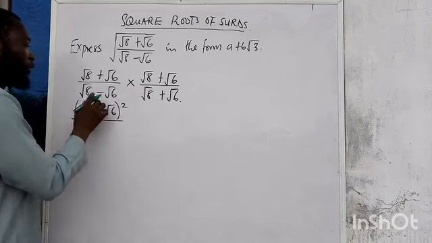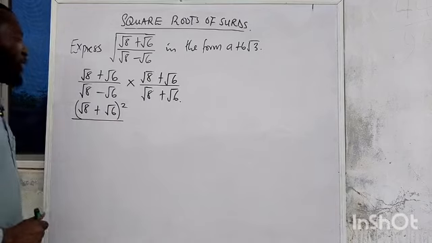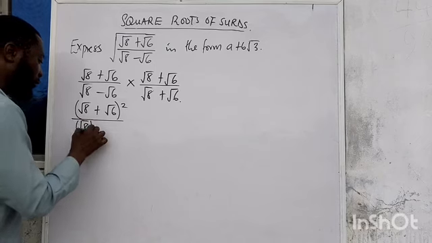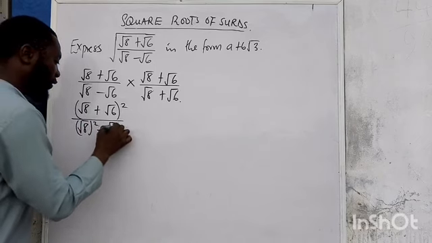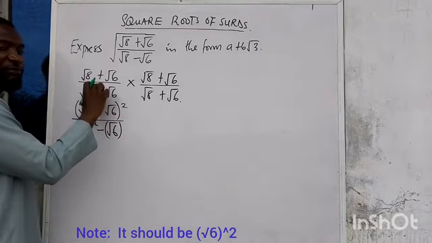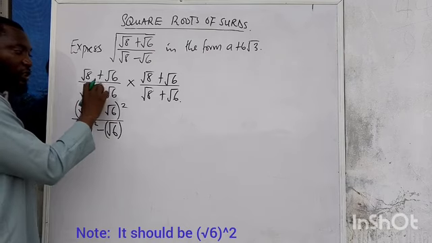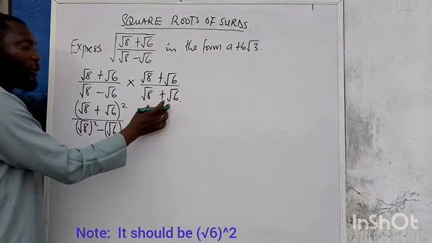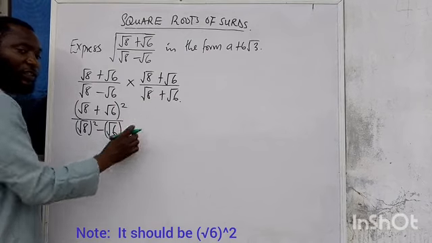Divided by, when you multiply by the conjugate, your result will be the square of the first number minus the square of the second number: root 8 minus root 6 times its conjugate.